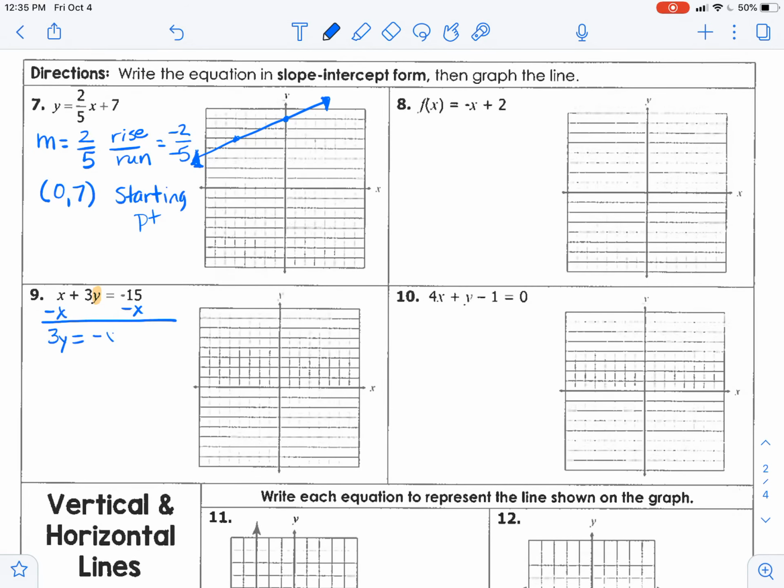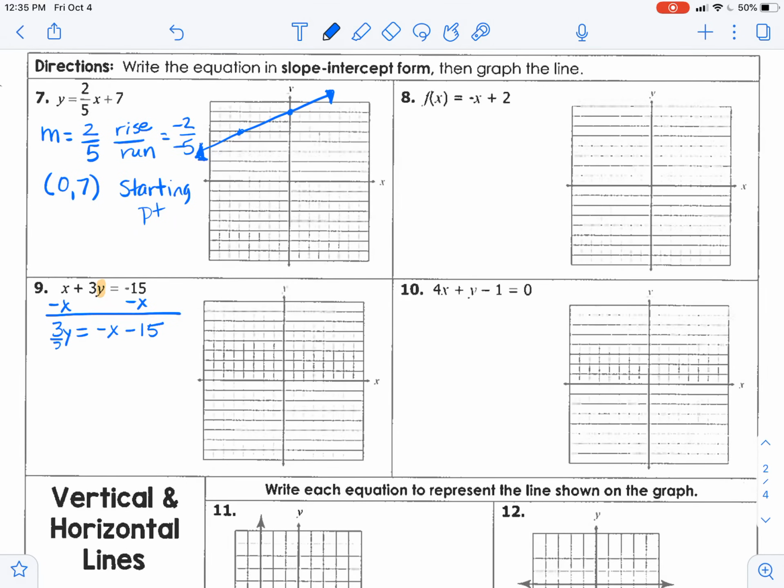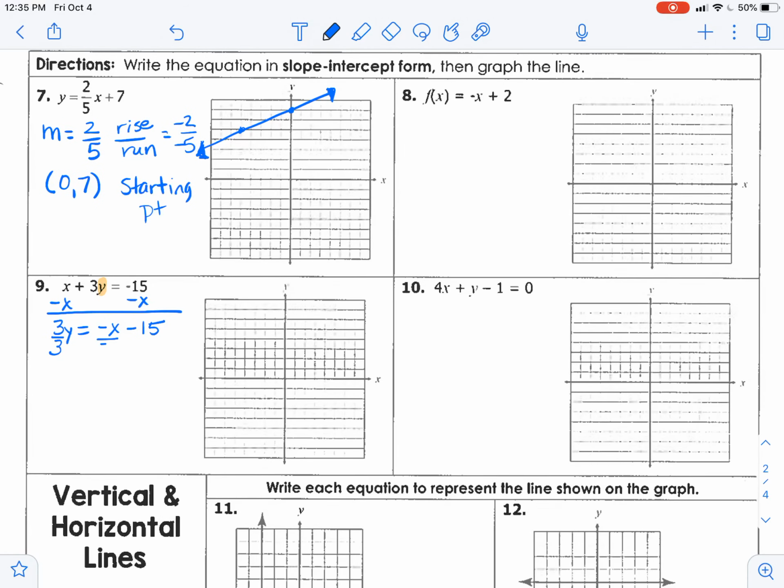Now, I always put my x in the front and my number second because that's, again, going to put me in that y equals mx plus b form. And then divide. Now, this is my suggestion. You do not have to follow my suggestion. You can do it another way. But I divide everything by the 3.